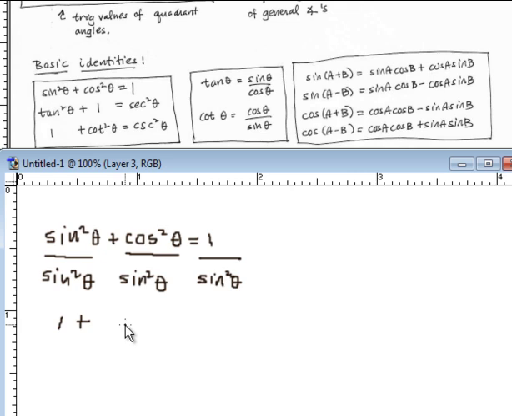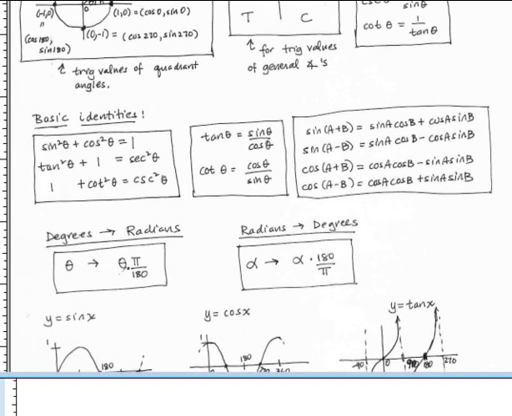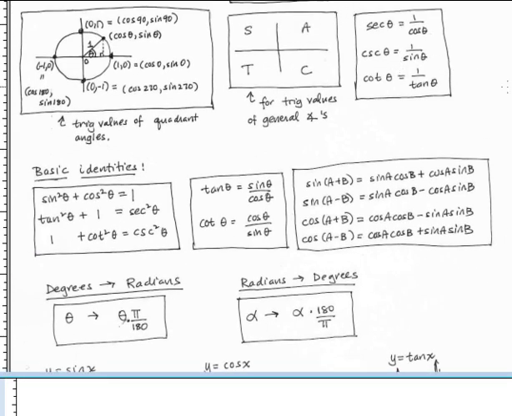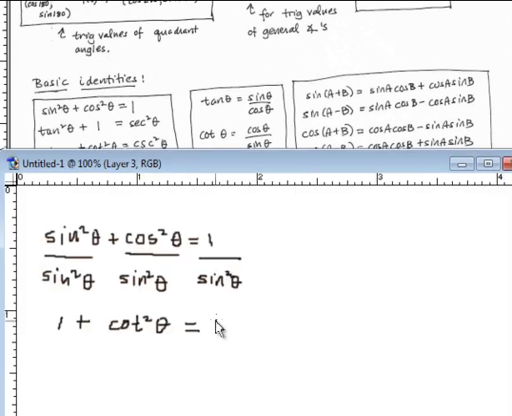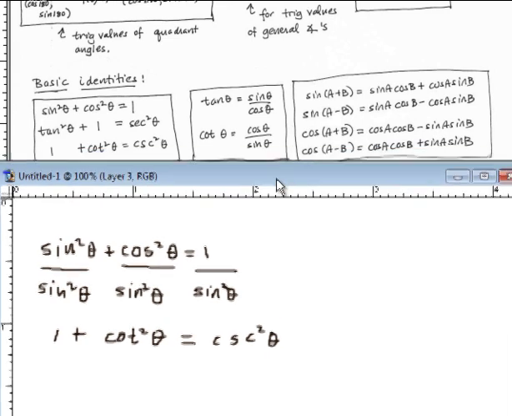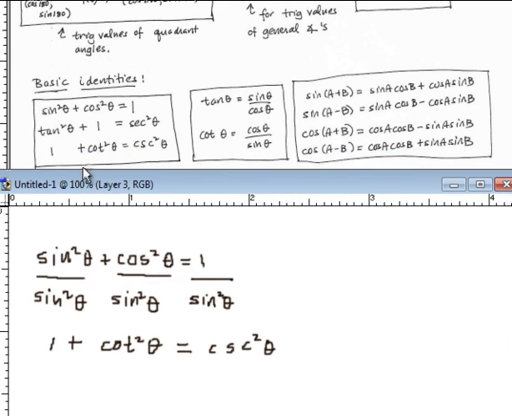But anyway, that division gives us cotangent squared theta here. And what is 1 over sine theta? Well, remember the other trig functions? 1 over sine theta is cosecant theta. So we have that one there. So that gives us the second line, this identity.